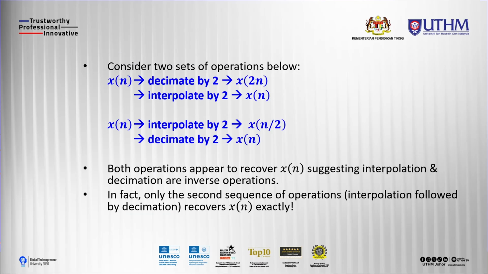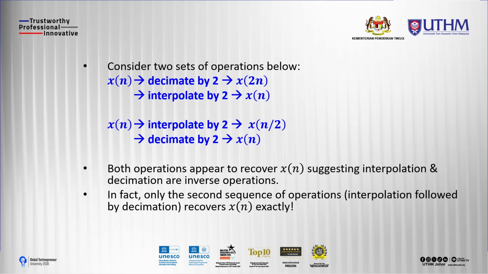Now consider two sequences of operations. The first sequence is x[n], then decimated by 2, you obtain x[2n], then interpolated by 2, to obtain x[n]. The second sequence, interpolated by 2, you get x[n/2], then decimated by 2, you get x[n]. At first glance, both seem to give back the original signal x[n], and it looks like decimation and interpolation are inverse operations.